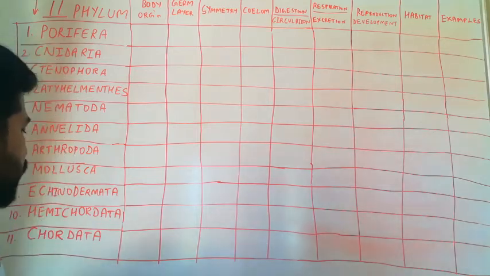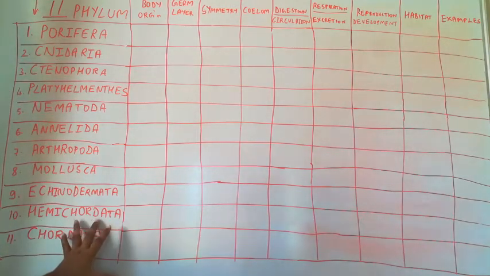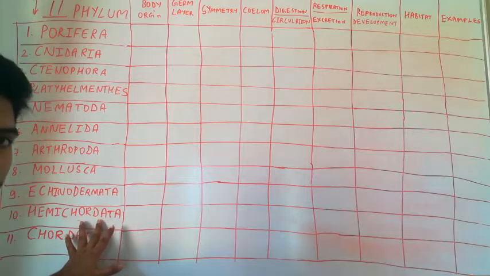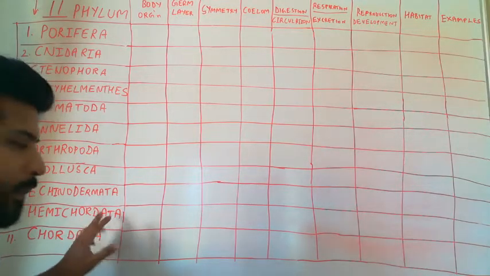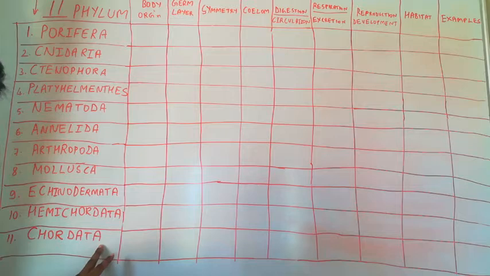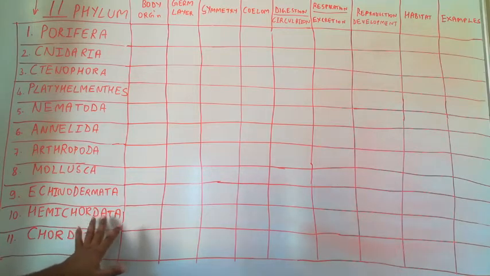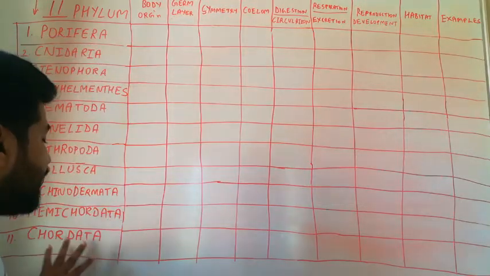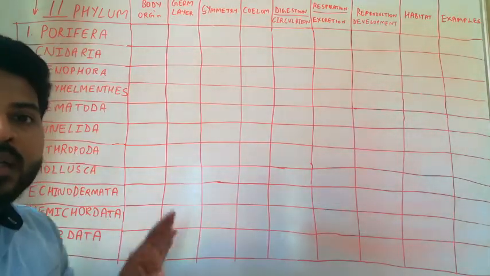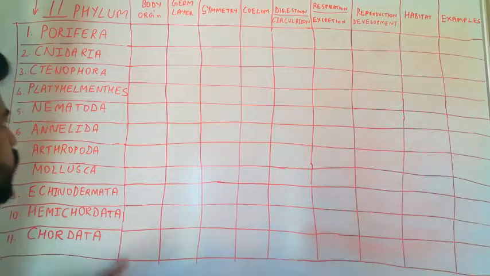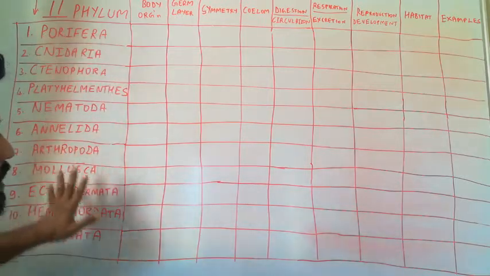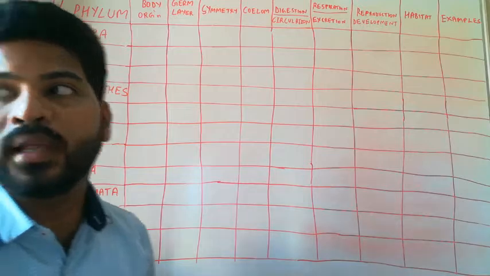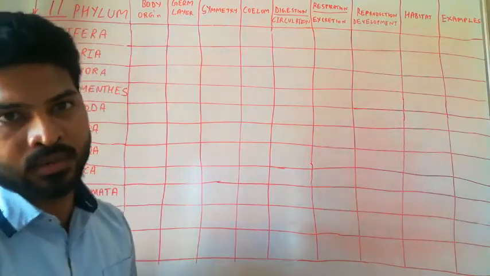The reason is that the 10th phylum, Hemichordata, was once placed under Chordata, hence 10 phyla, but later it was removed from Chordata and made a separate phylum. Today we will be studying the first phylum briefly, and in the next session we will be concluding the lesson. So let us get started.